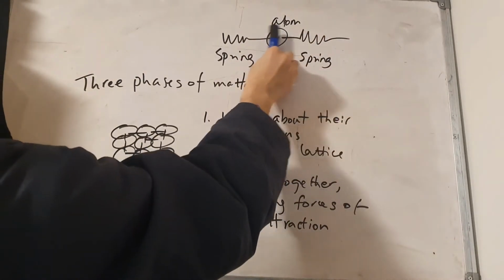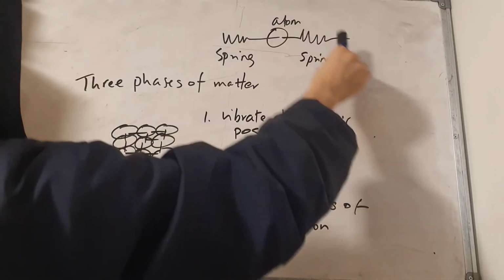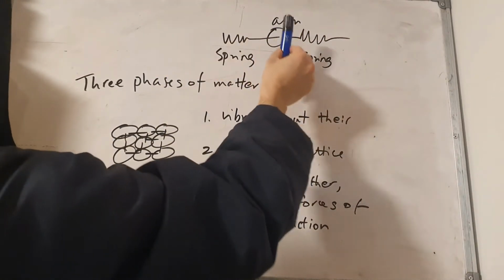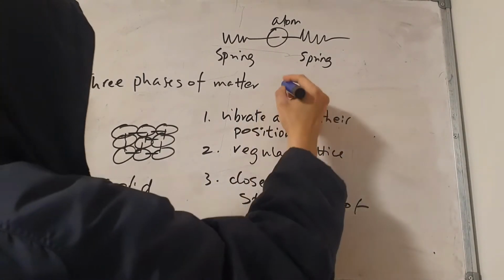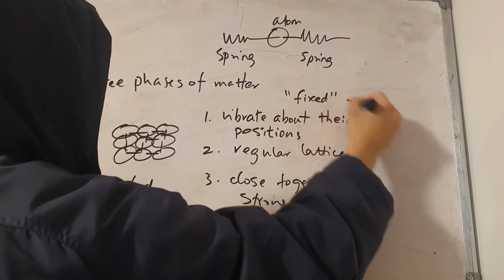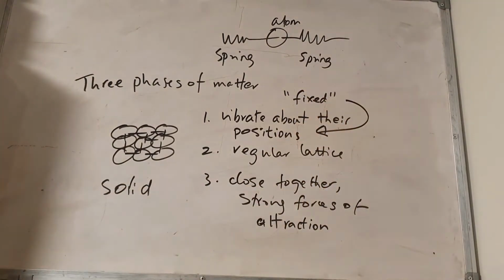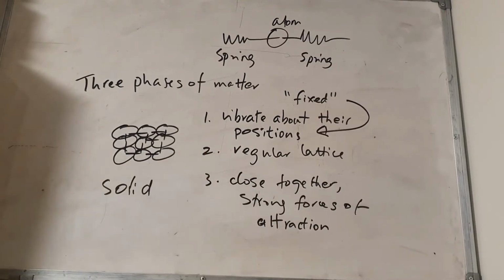It doesn't freely move, it's only vibrating about its position. So it's still fixed. It has a regular lattice close together and a strong force of attraction. So that is the solid one.